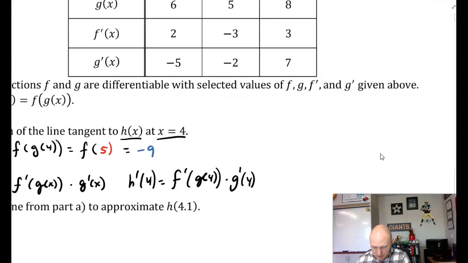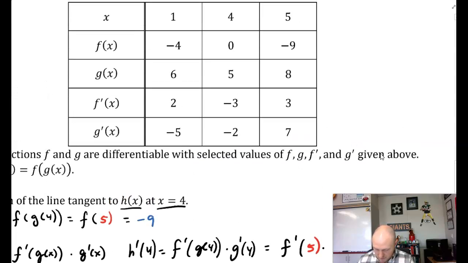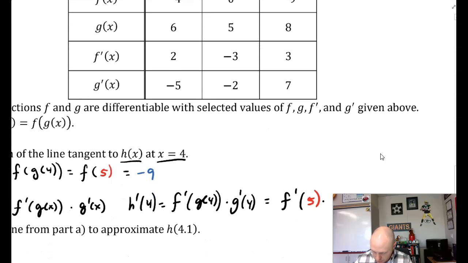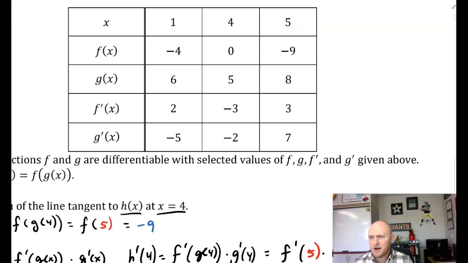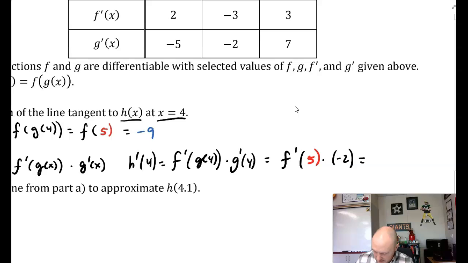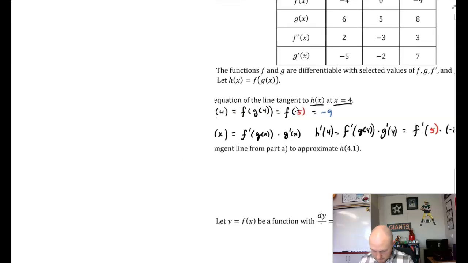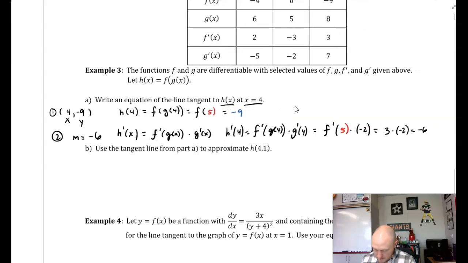Using our table of values, we already found that g of 4 was 5, so I can plug that in, times g prime of 4, which is -2. Then substituting f prime of 5, f prime is 3. So we have 3 times -2, which is -6. So this is equal to -6.